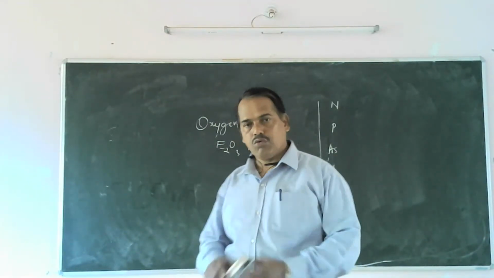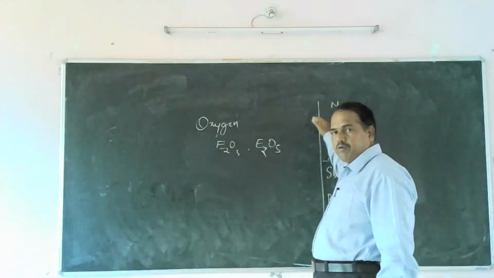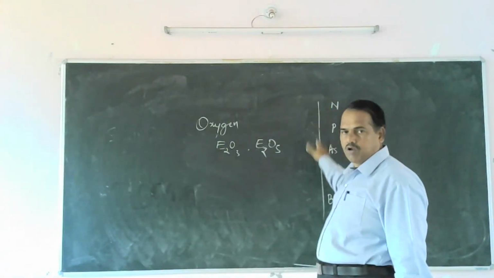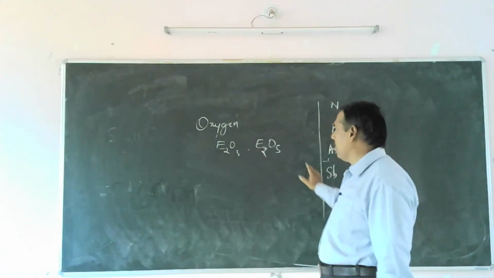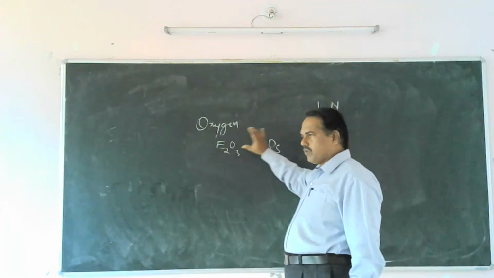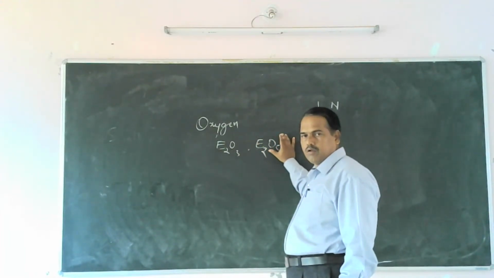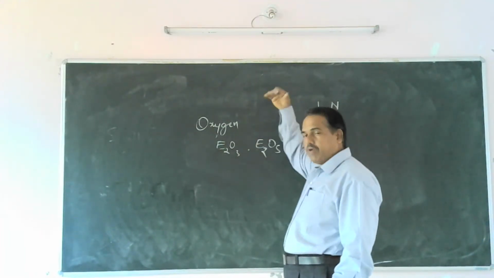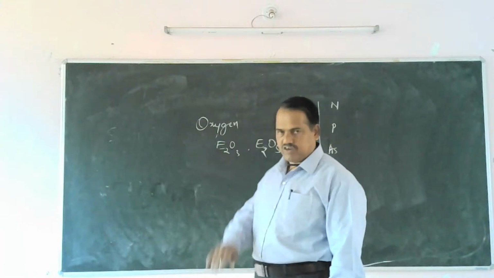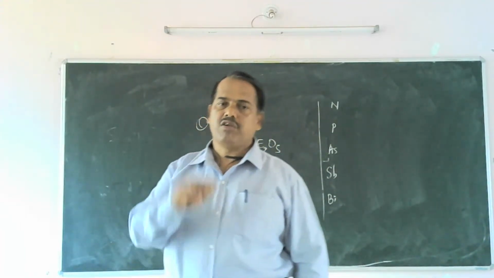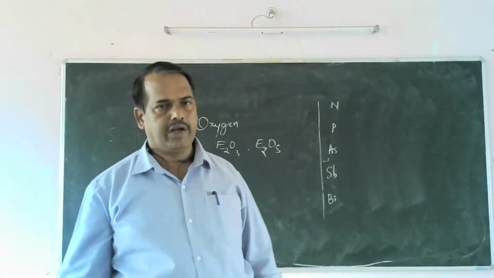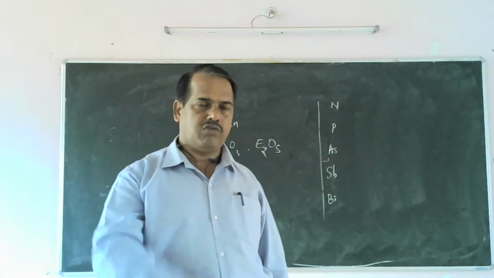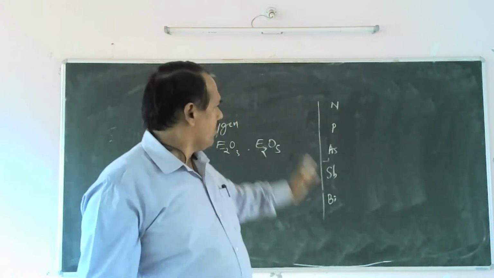But nitrogen forms variable oxidation states, so it forms different oxides: nitric oxide, nitrogen dioxide, nitrogen pentoxide.